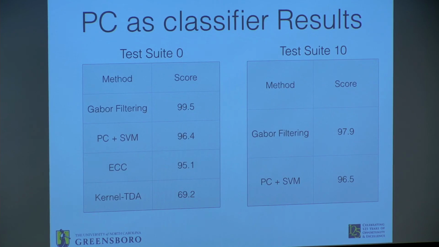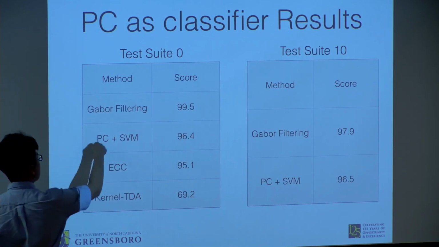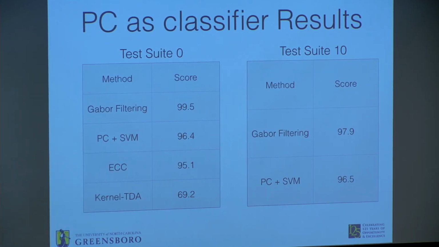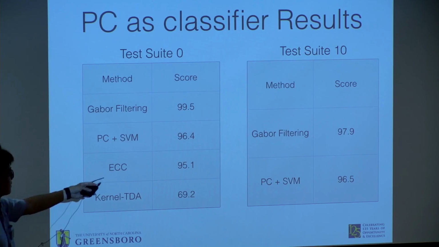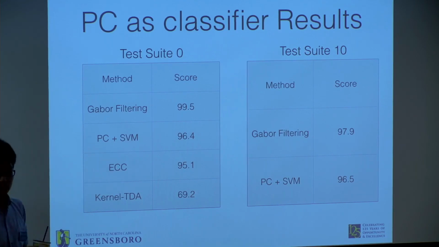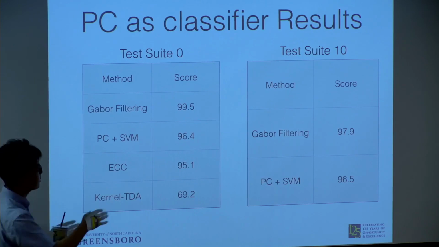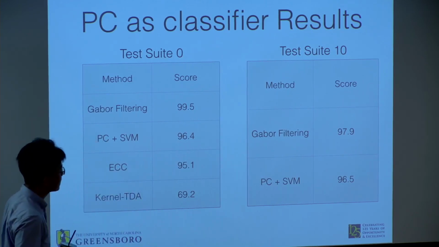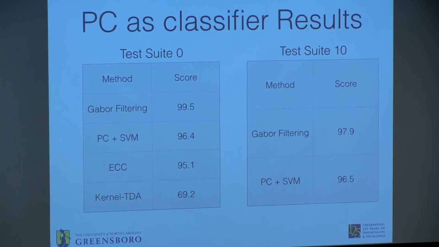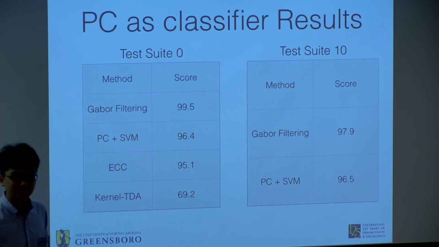And then my student also tried a little bit doing some persistent curves. I think the best he can do is the weighted Euler characteristic. So instead of a constant, he's adding a different weight on the Euler characteristic, and he was able to get a little bit better, 96%. Okay, slightly better than ECC.